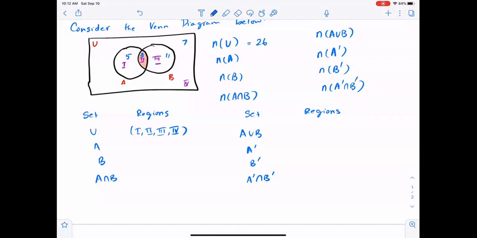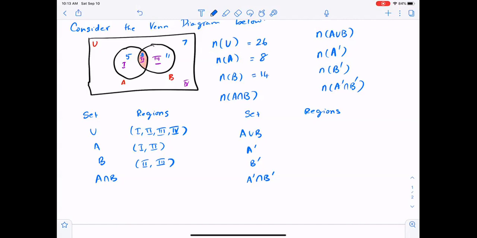For A, we will have regions 1 and 2. That would simply mean I'm going to add 5 and 3. And that will give me 8. For B, I would have 2 and 3. So 3 plus 11, I got 14.